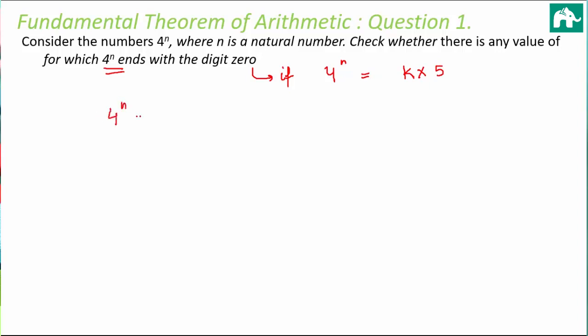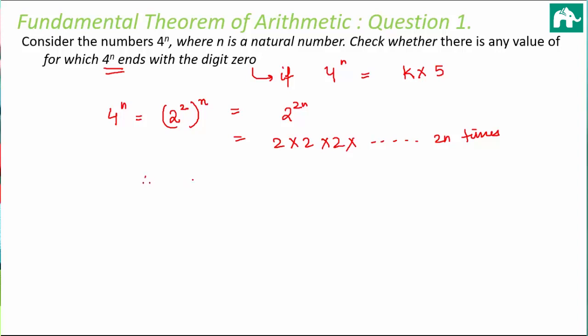But if you look at 4 to the power n, this can be written as 2 to the power 2, to the power n, that is equal to 2 to the power 2n. What does that mean? That means 2 into 2 into 2, how many times? 2n times. So do you see a 5 anywhere? A 5 is not there at all. So that means 5 is none of the factors of 4 to the power n.